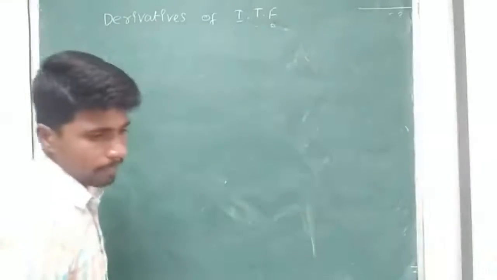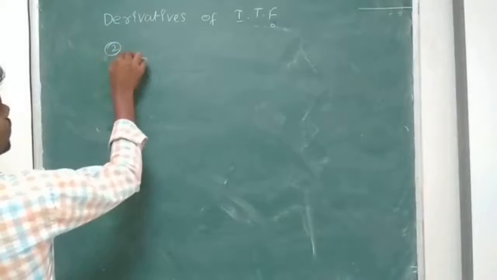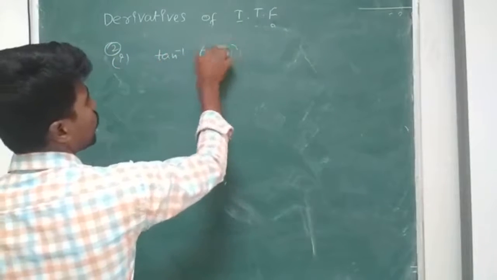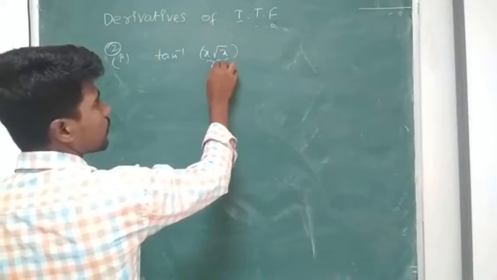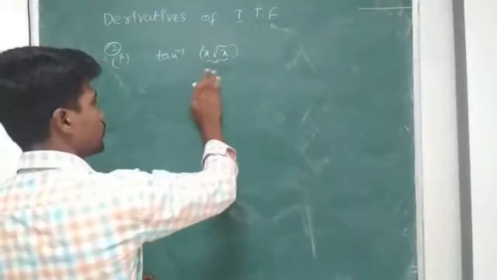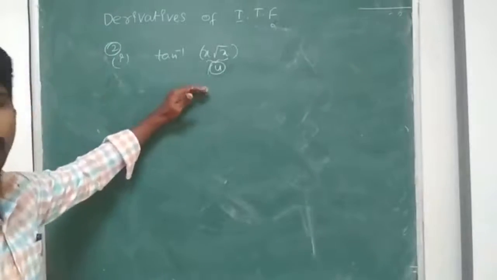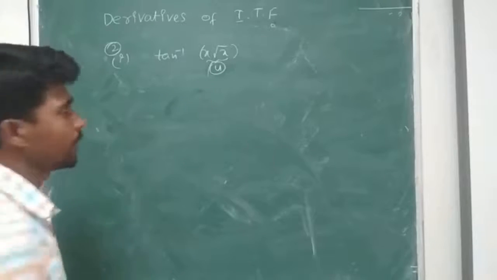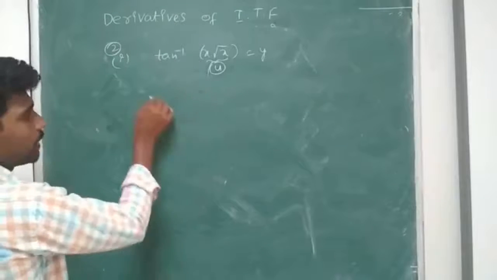I have a function like tan inverse of x root x. Feel like this particular thing is some x, don't get confused. Okay, use this one as u: tan inverse of u. What is the derivative of tan inverse of u with respect to u? Shall we do it in that way? Right. Let it be y, so I am finding dy by dx.